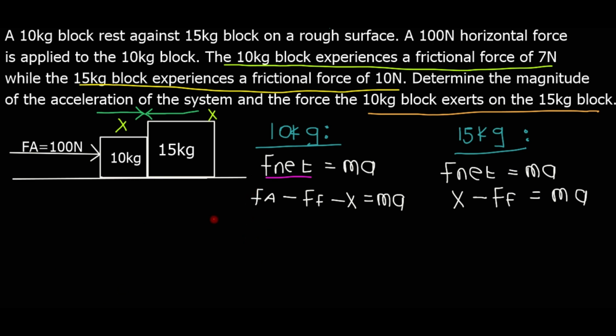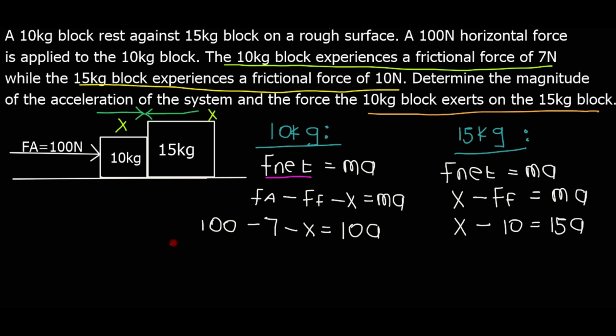For the first block, the force applied is 100 newtons, and then friction 7 newtons, and then minus x equals 10a. As for this one, it is x minus the friction here, for this 15 kg block, the friction is 10, and the mass is 15.